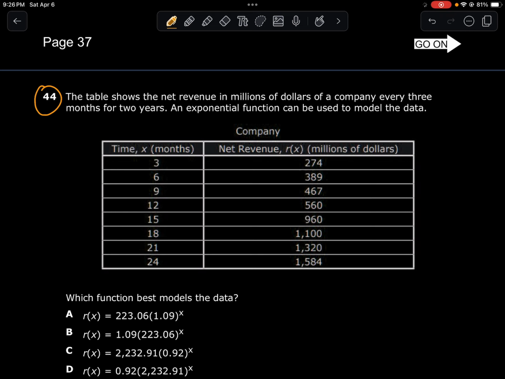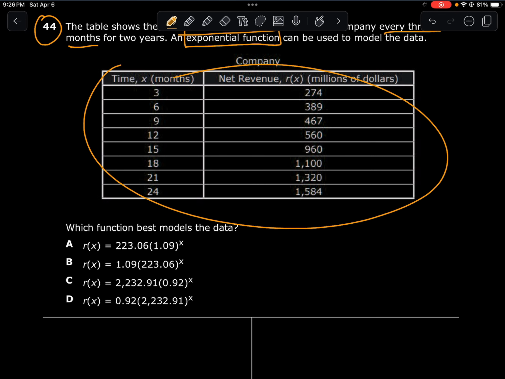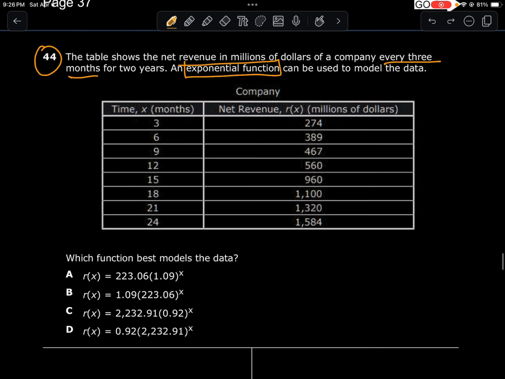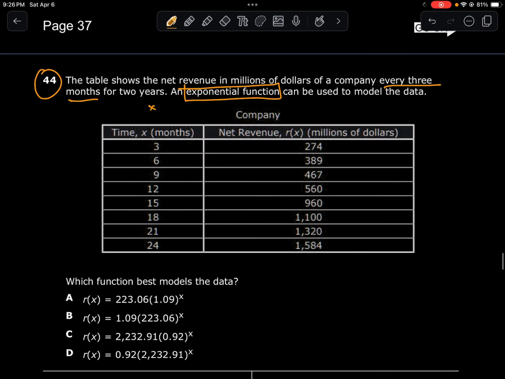44. The table shows the net revenue in millions of dollars of a company every 3 months. Okay, that's good to keep in mind. An exponential function can be used to model the data. All right, we have the data here, and obviously here we'll have the x on the left, y on the right.